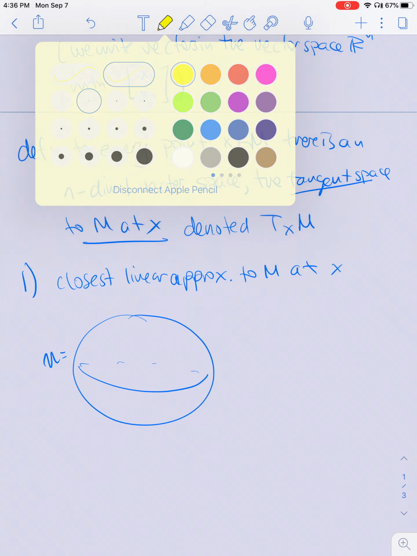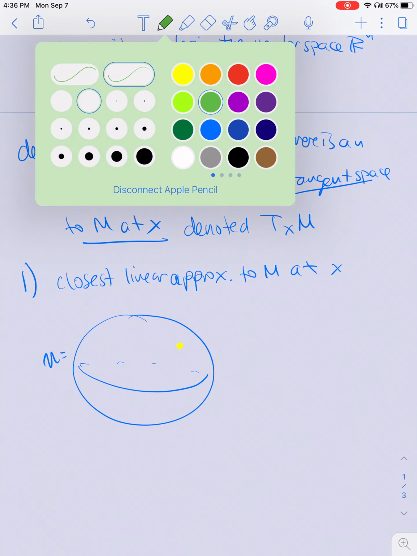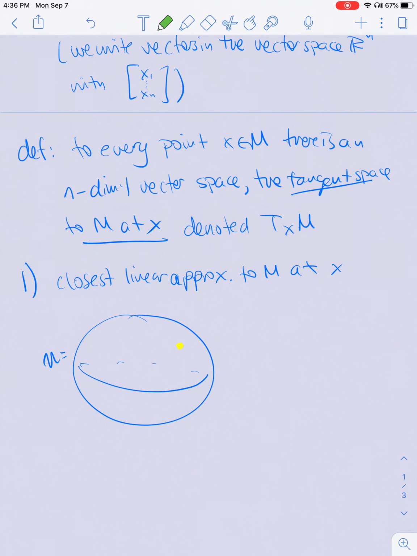Say x is this point here. I want to take the plane, because M is two-dimensional, so T sub x M should be two-dimensional at every point. I should take the plane that is the extension of whatever this plane is at this point. It extends farther than this; I'm just drawing a piece of the plane.